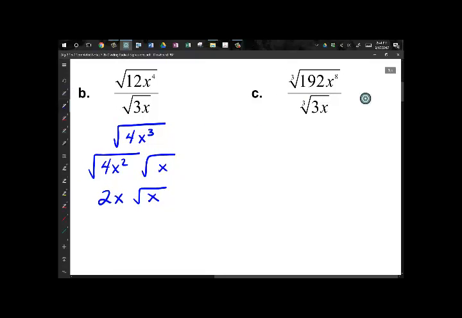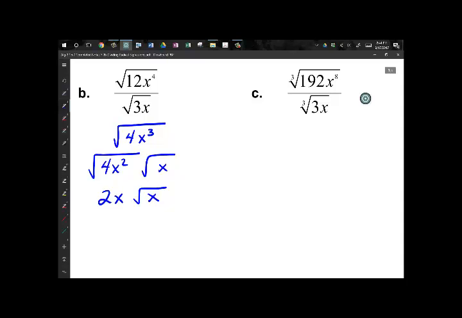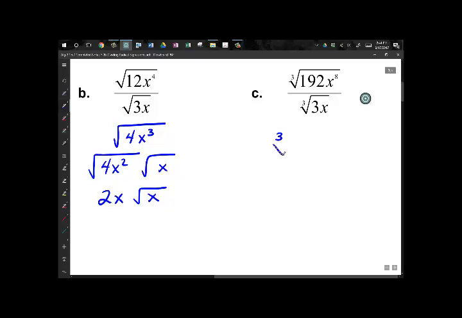Our third example, we've got 192 divided by 3, and 192 divided by 3 is 64. So we've got the cube root of 64, and then we've got x to the 8th divided by x. That leaves us with x to the 7th. So in this case, we're going to try to say, hey, we need to break this into a perfect cube, and then what is left over?